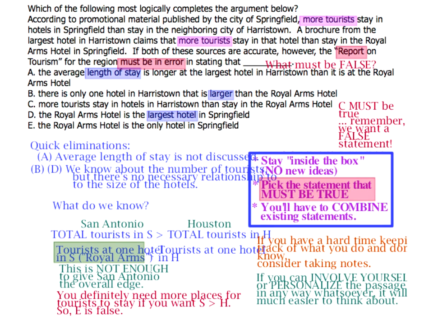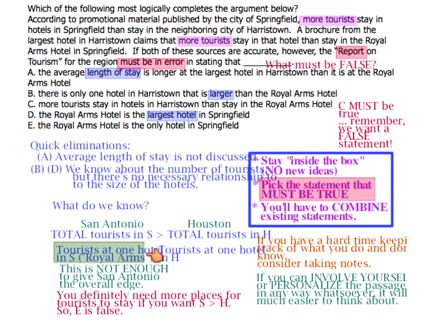So the brochure says the one hotel. Yeah, but Vlad, I think you may be reading that statement backwards. The brochure says that the one hotel in Houston has more people. If the brochure said it the other way around, if it said the Royal Arms had more people, then we would not know, because it would be possible that this was some gigantically huge, amazing hotel that had more rooms than the entire city of Houston.